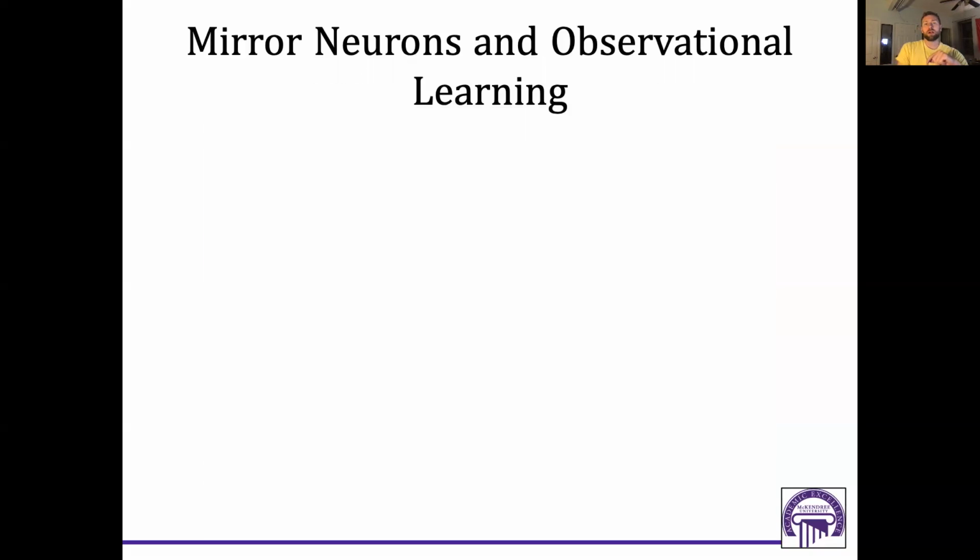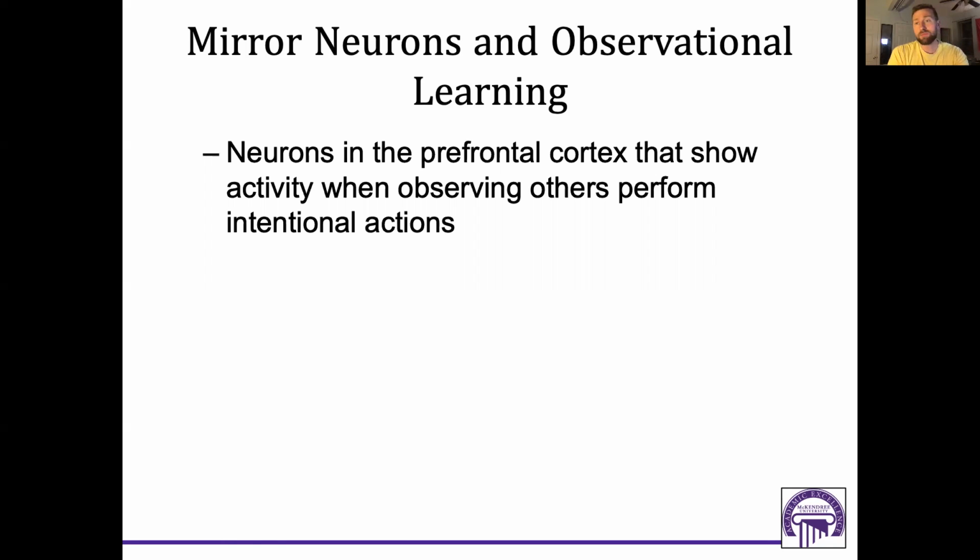Next, let's talk about mirror neurons in relation to observational learning. There are particular neurons that were originally found in macaque monkeys in the 1990s by an Italian research group. They called these neurons mirror neurons, okay? These neurons are super interesting in how they work.